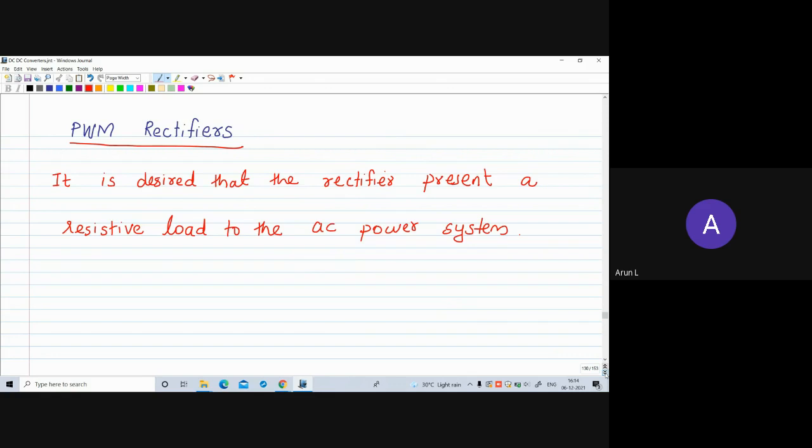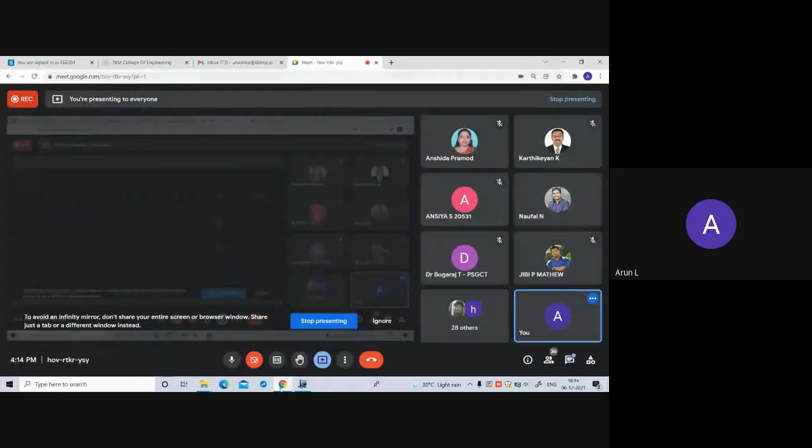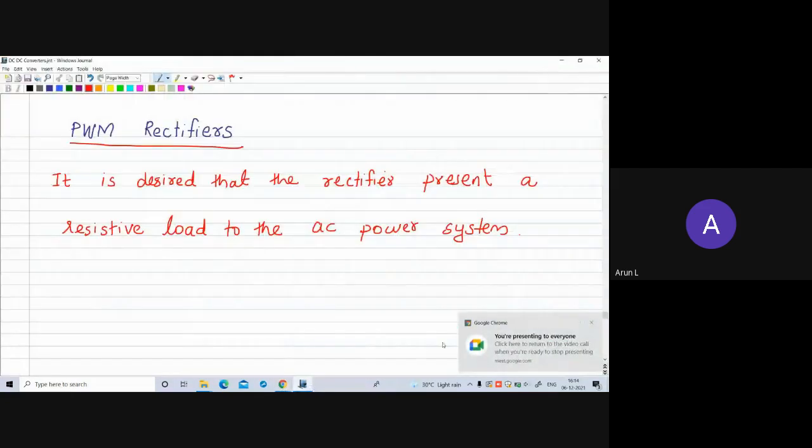So PWM rectifiers are used to overcome this disadvantage. So it is desired that the rectifier present a resistive load to the AC power system, that is a unity power factor load to the AC power system.